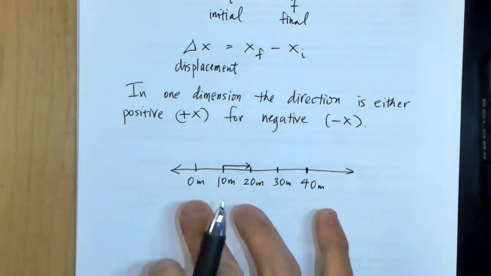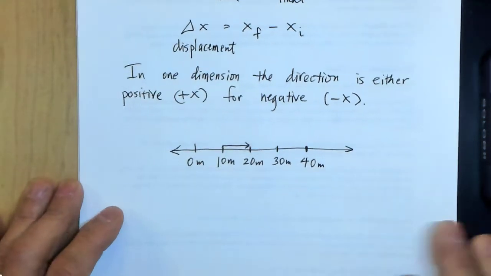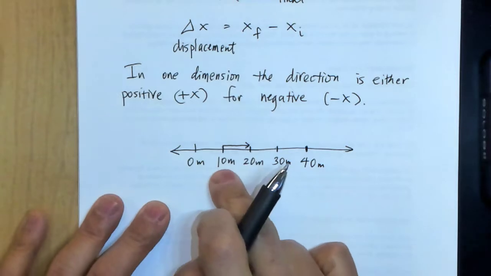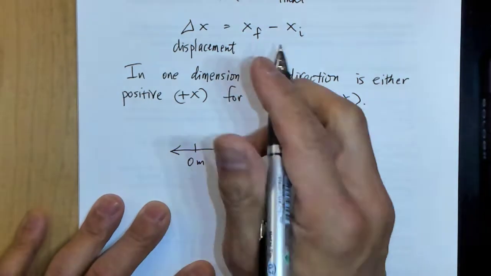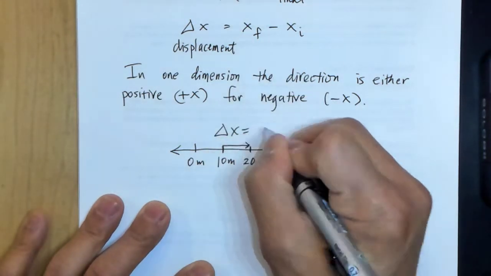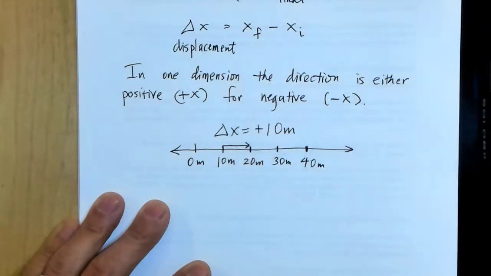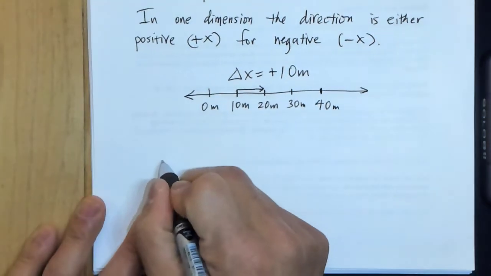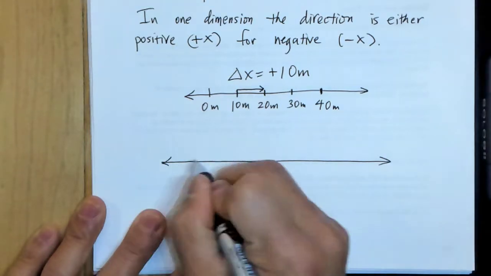I'm going to try to draw these a little bit bigger for people in the back. Sorry, that was a little too small. So I start at 10, end up at 20. Then the delta x in this case will be plus 10 meters. Okay? I'll make the number line a little bit bigger this time.